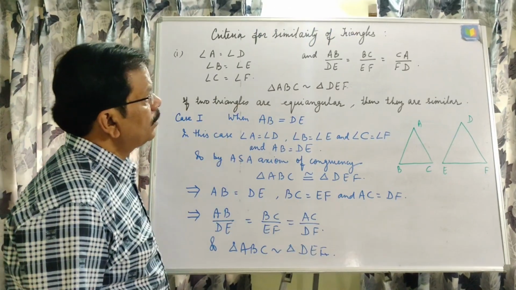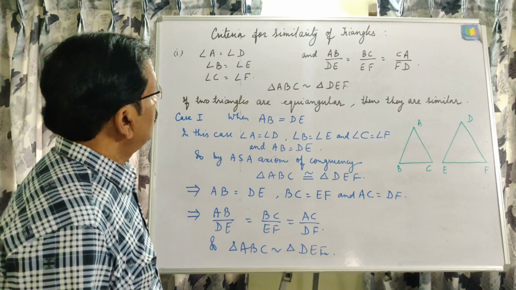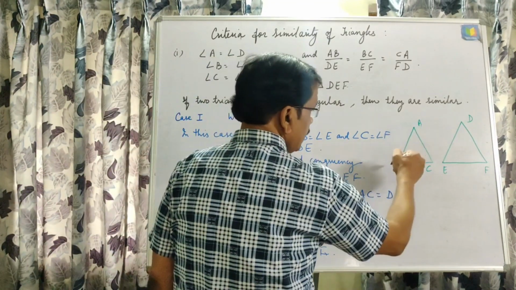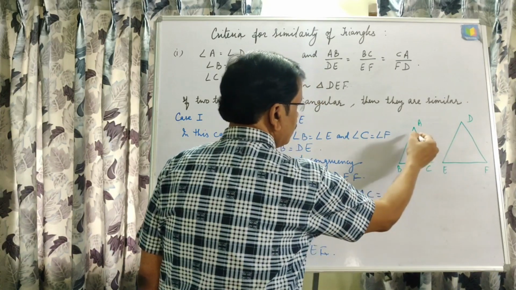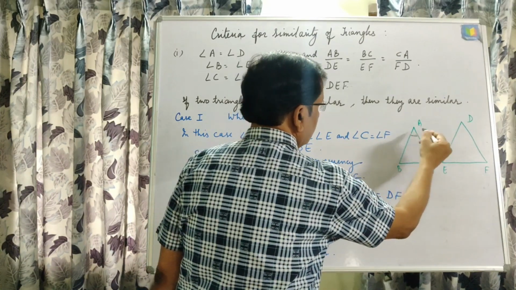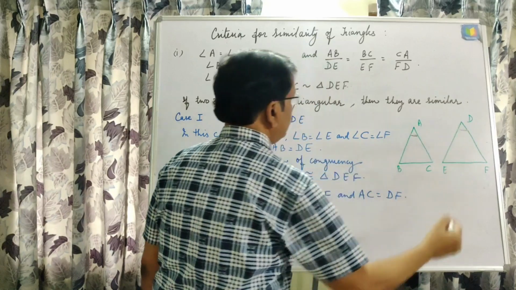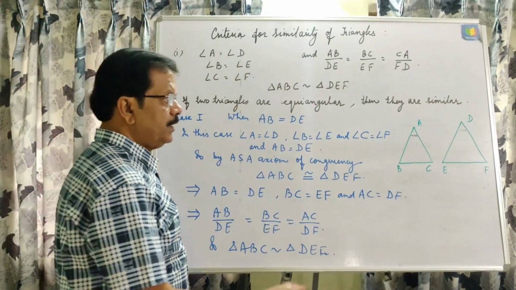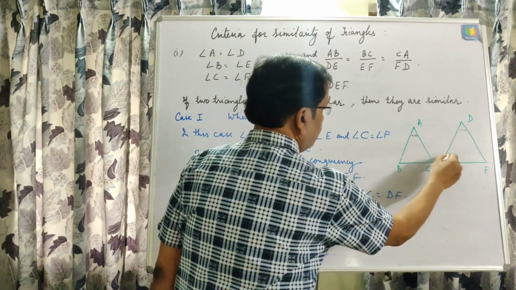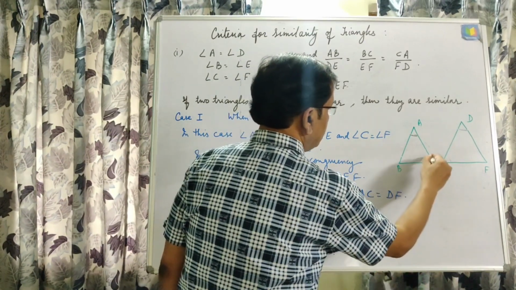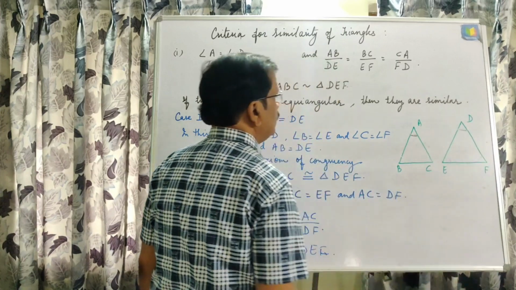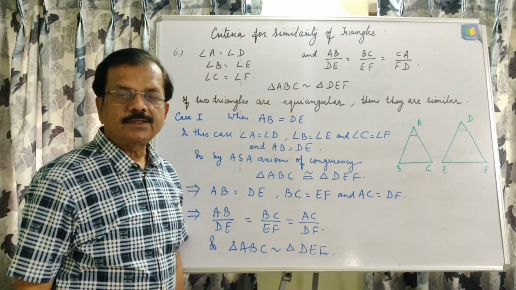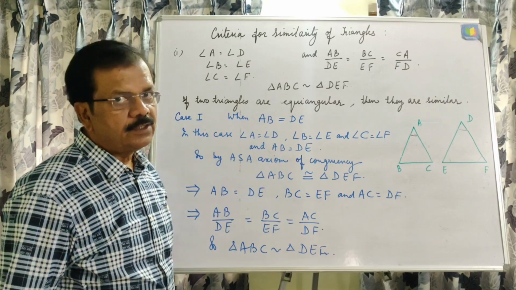Now criteria for similarity of triangles. We already studied that we are given two triangles ABC and DEF. Then this angle corresponds to angle D. That is, if angle A is equal to angle D, angle B is equal to angle E, and angle C is equal to angle F, then we can say that corresponding angles of these two triangles are equal.